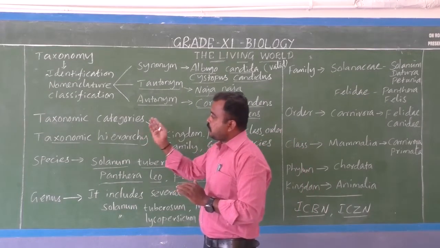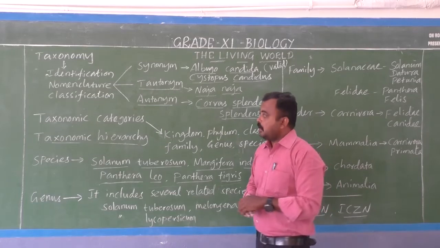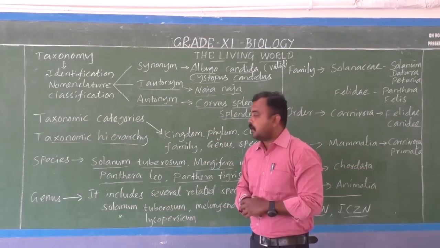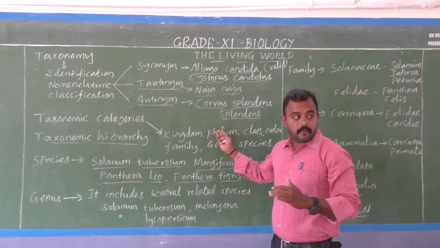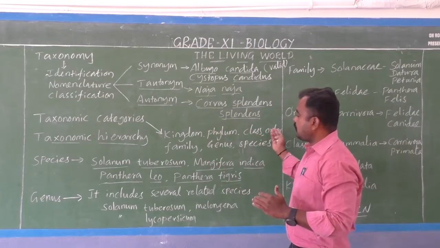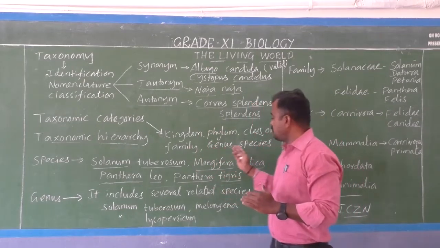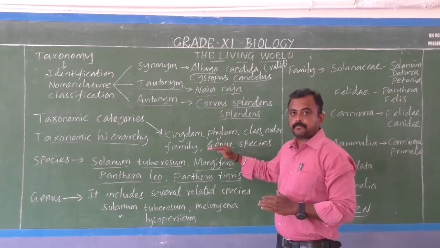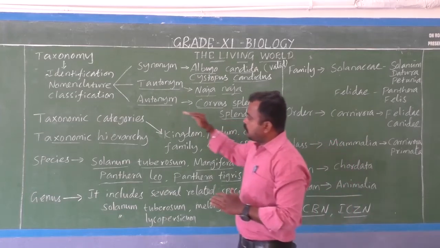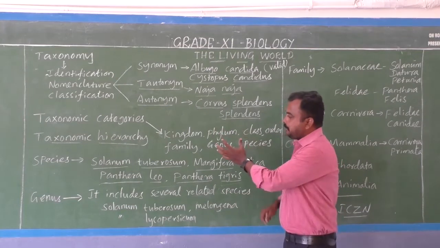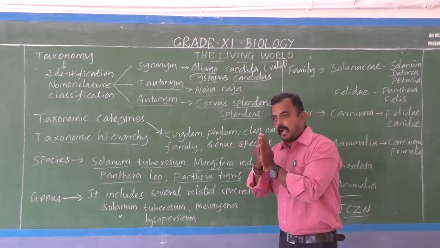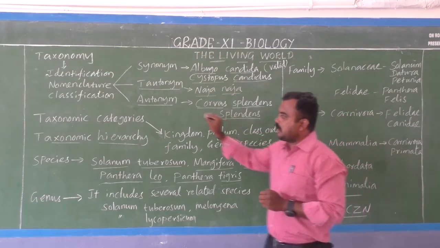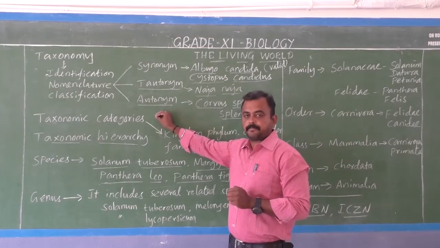So taxonomic categories means we have different categories in the classification: kingdom, phylum, class, order, family, genus, species. Any animals or plants you can group into these. That's why it is called taxonomic categories.